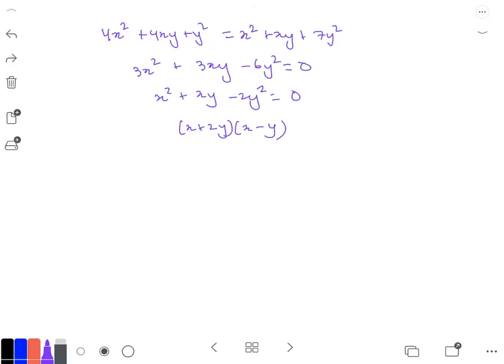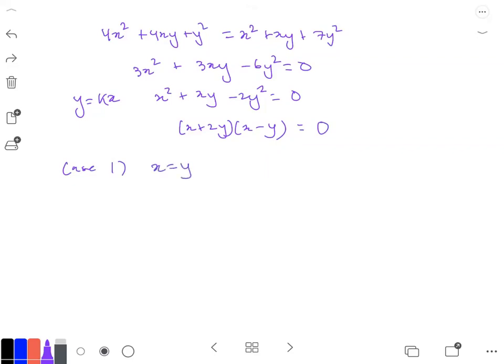If you did not see that immediately, what you could have done is let y equal kx. This is called homogenization. Since every term has a degree of 2, we can do this. We can cancel out the x's, and then we have a quadratic in terms of k, and then we know those are factors. We'll get this as well. Forgot to put a 0. So now we have 2 cases from this factorization.